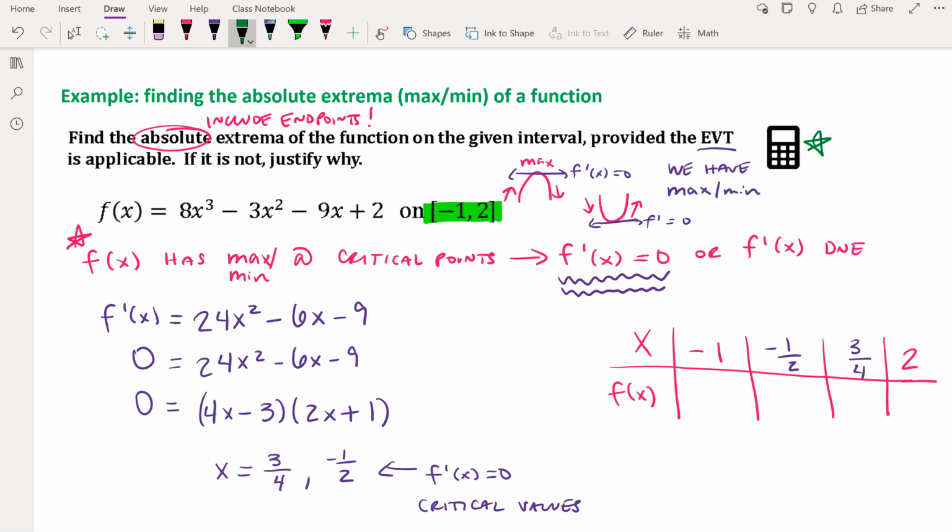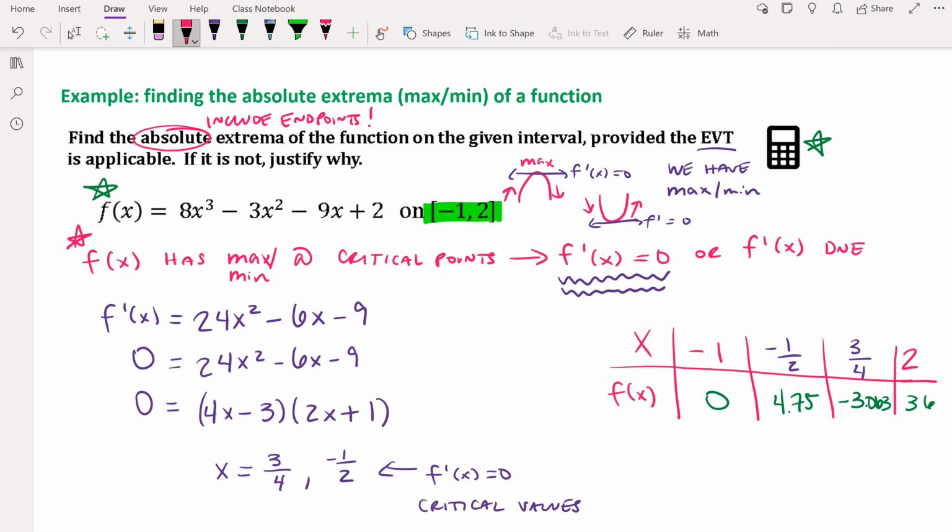We plug into this function, and we get 0 when we plug in -1, 4.75 when we plug in -1/2, -3.063 when we plug in 3/4, and 36 when we plug in 2. Remember, we're plugging into f of x.